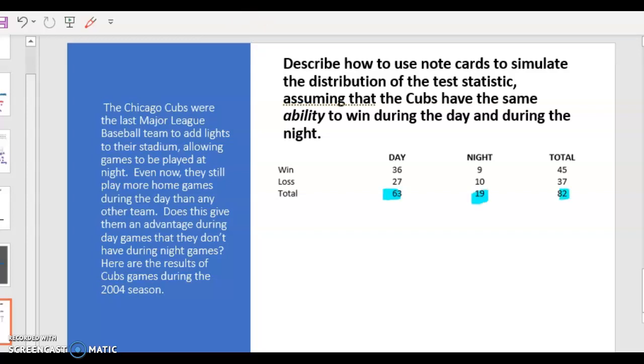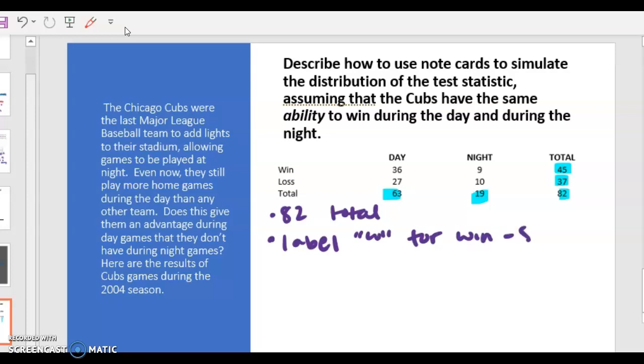So how many total note cards are you going to actually simulate? So we have 82 total note cards. Okay, you're going to label how many of them with a win? It's going to be 45. You're going to label an L for loss. That's going to be 37.